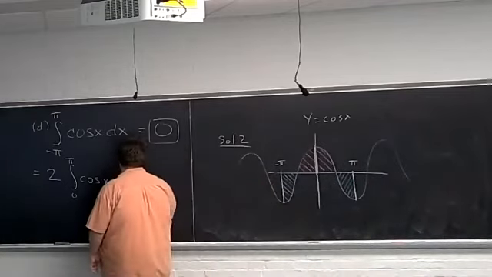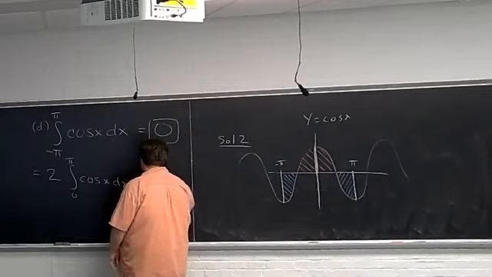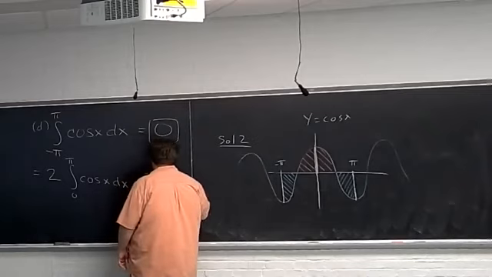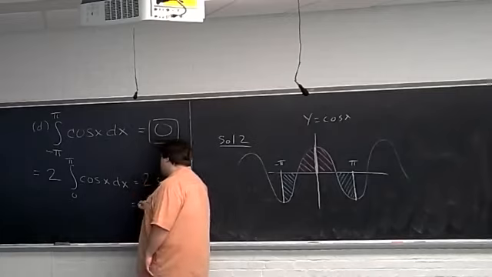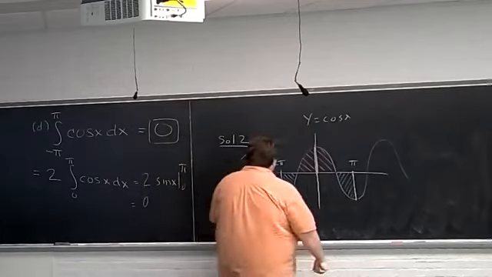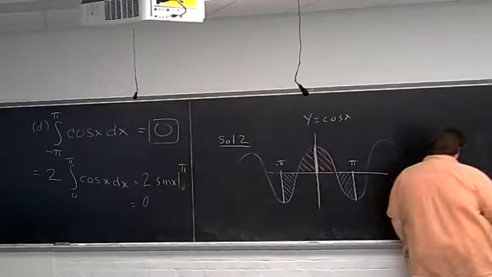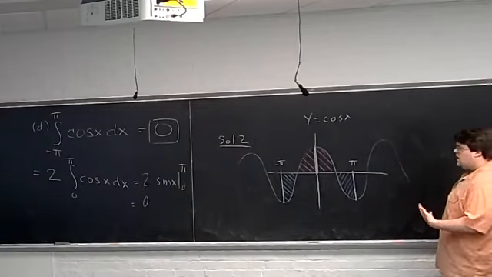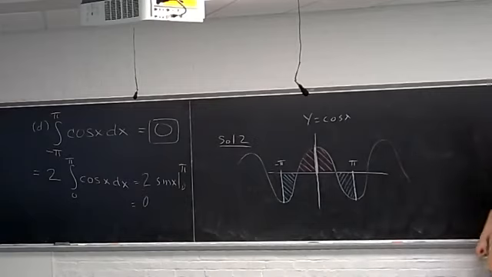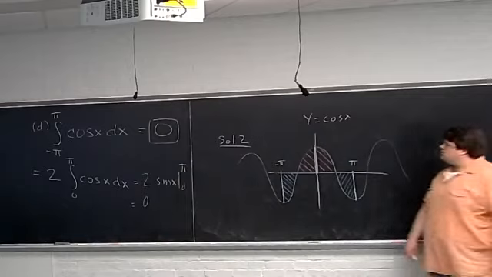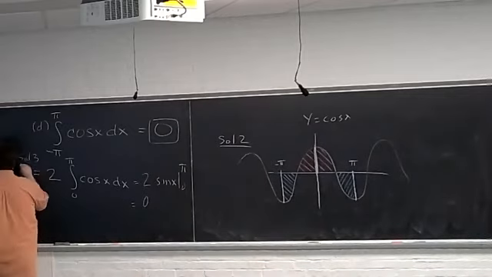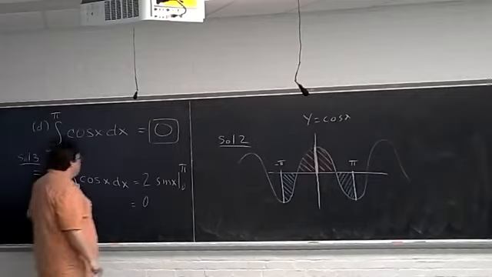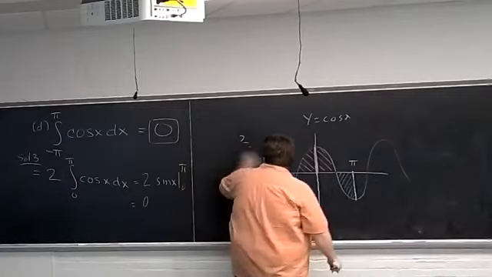And with this one, using the Fundamental Theorem, you get 2 times sine x from 0 to pi, which would still give you 0. With this one, that observation may not have saved you much work. Any questions about that? So that's actually a third solution. I should write solution 3.